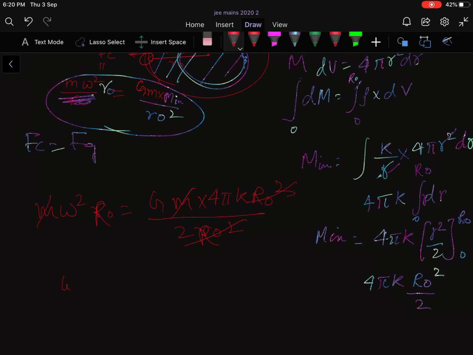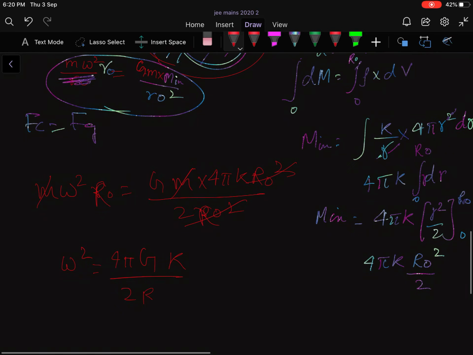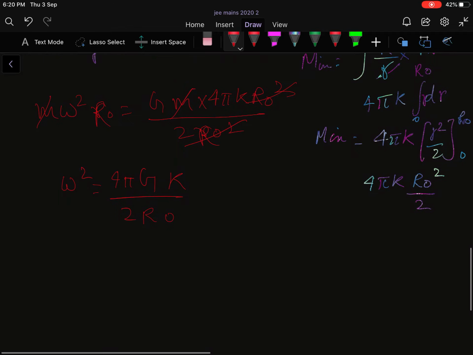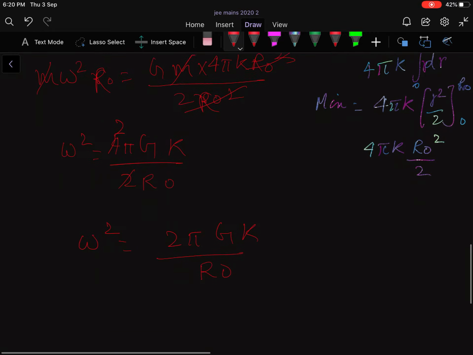Now this mass is cancelled, so omega square will be 4 pi G k by 2 r naught. Correct. So omega square is 2 pi G k by r naught.